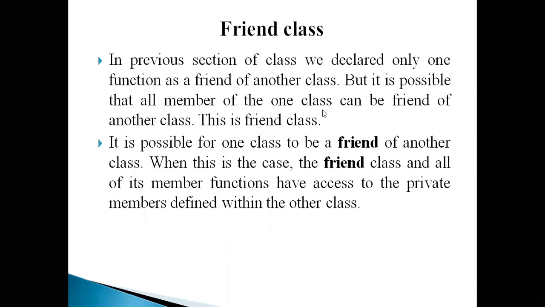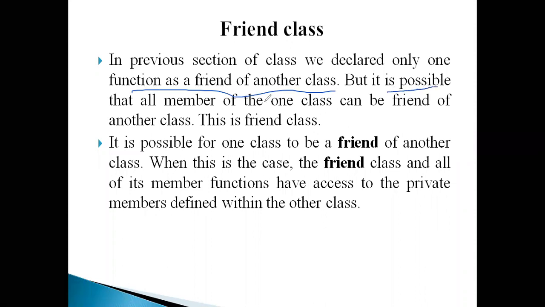And then friend class, like a friend function. Here we are going to discuss a friend class also. In the earlier sections, we made one function a friend of another class. We already know this and we executed some programs of one function as a friend of another class.